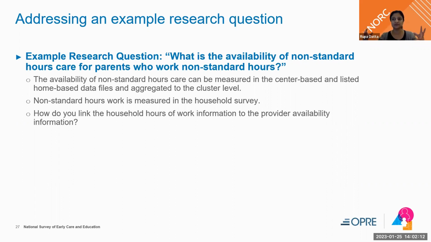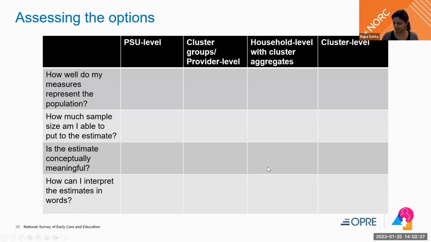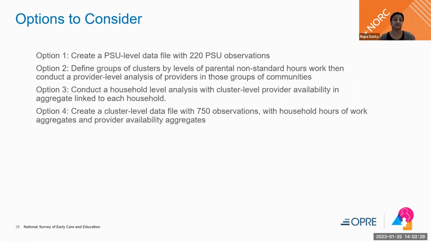So what are our options for linking these household data about parents' work schedules with provider data about availability of care? Here are some different options that we've considered, that we've seen other researchers use, that all have the basic intent of linking household data to provider data.